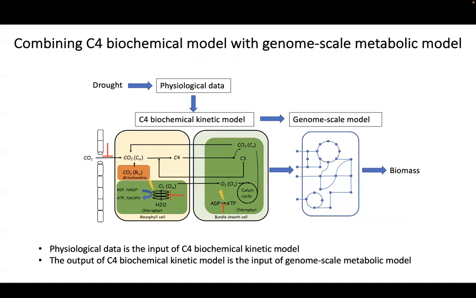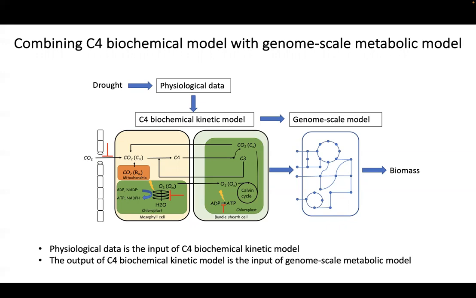And to better simulate the drought impact on the plant metabolism, we combine a C4 biochemical model with this genome-scale metabolic model. This C4 biochemical model takes the physiological data as input, and then the output is the reaction rate of those key reactions of photosynthesis.